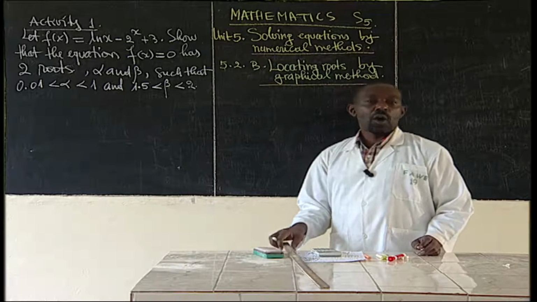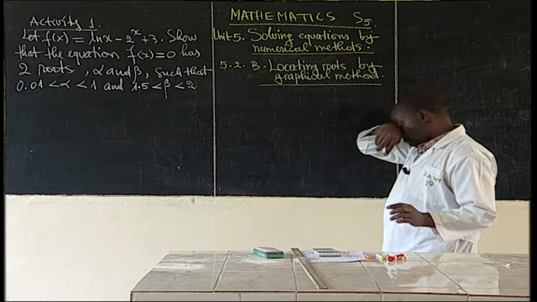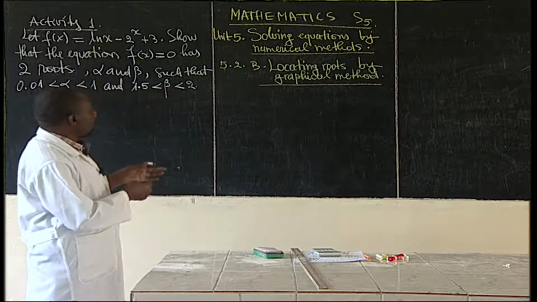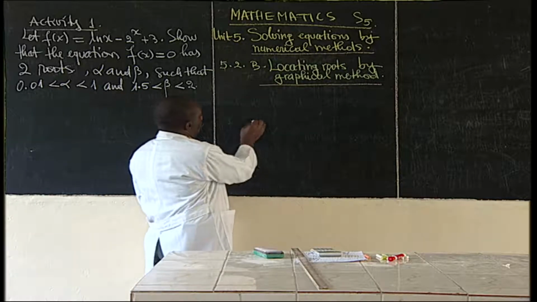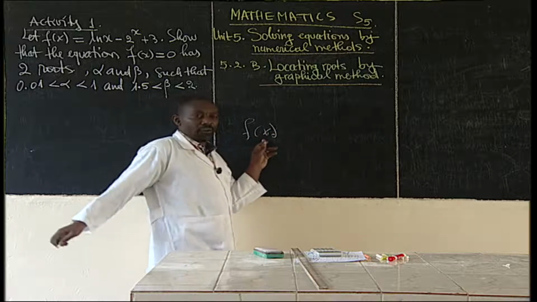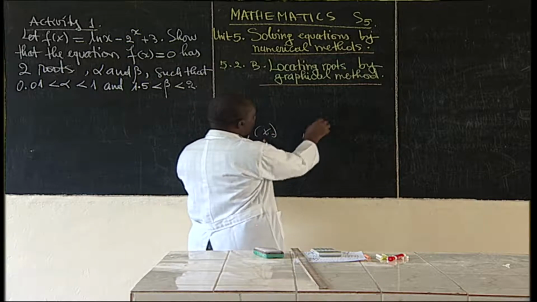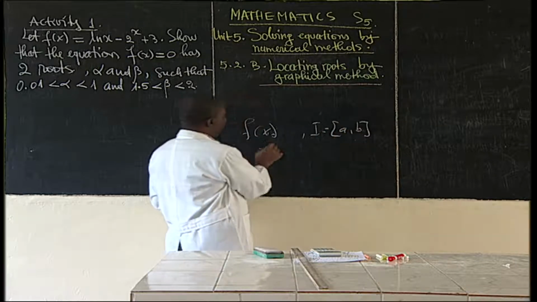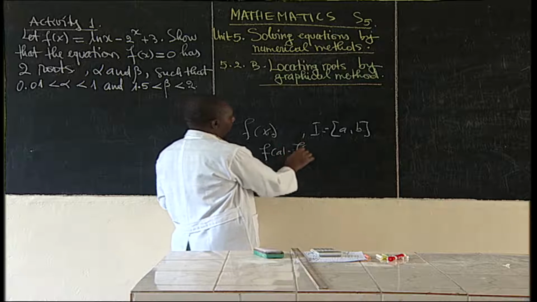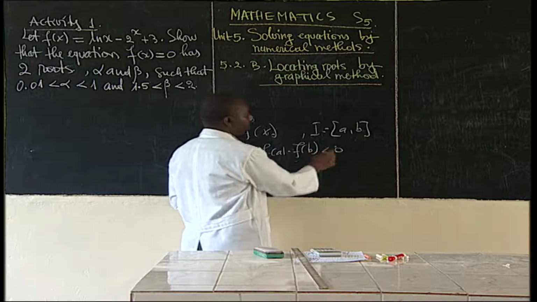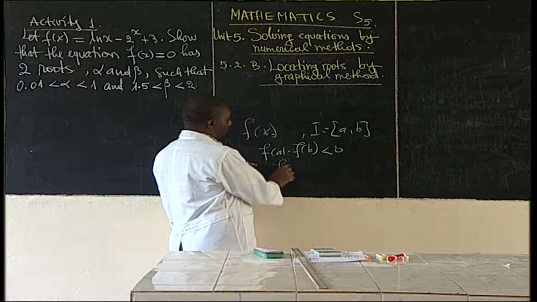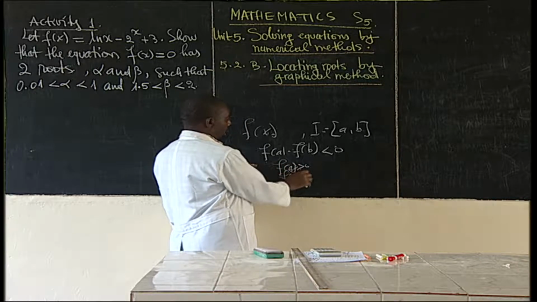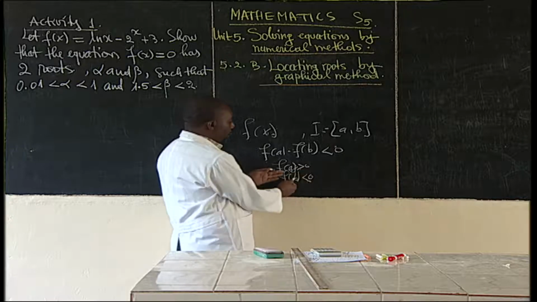All right, hope you are ready now. Follow on chalkboard because they want to make the correction on chalkboard. Remember that when you have your function f of x, and you have your interval, maybe from A up to B, if f of A times f of B is negative, it means either f of A can be positive, f of B can be negative, or f of B can be positive.